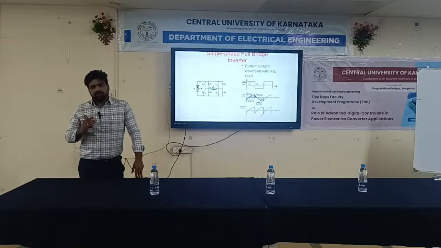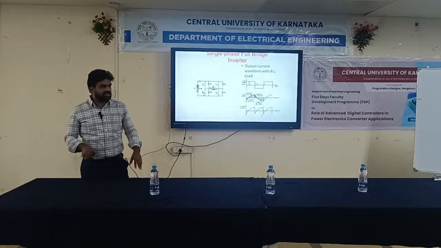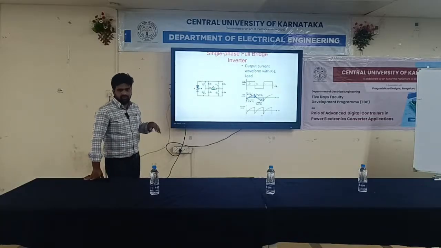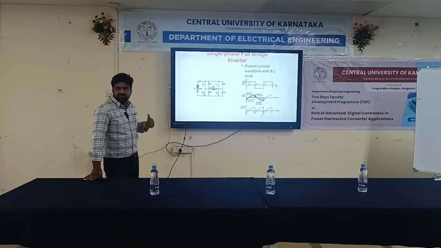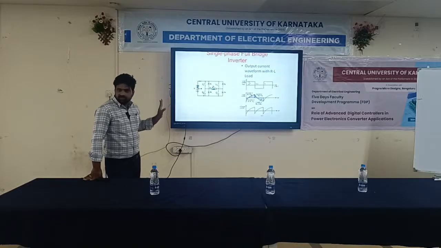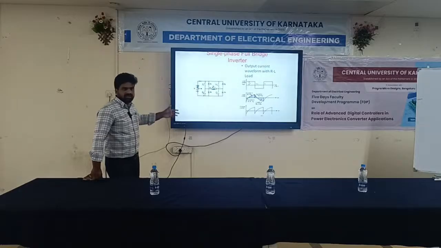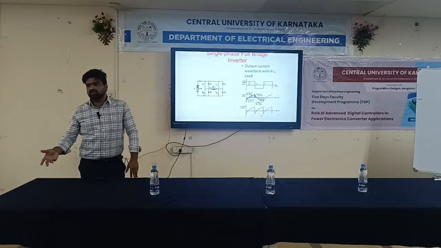So when we go for practical applications, it is very important to note that a conventional inverter can be used only up to a specific level. You cannot go beyond a specific level. If you want to go beyond a specific voltage level, this is not sufficient, no doubt in that. That's why when we go for household UPS systems or inverter systems, we use a normal inverter, because our household voltage is around 230 volts.